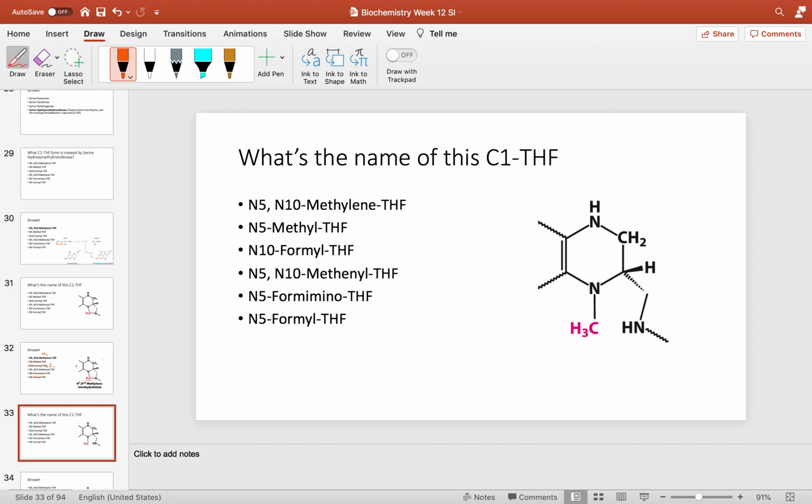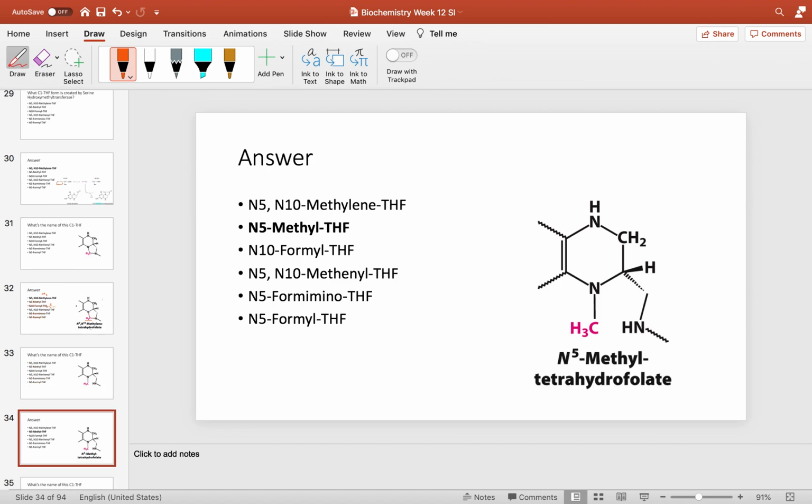Alright, what's the name of this THF form? Alright, so in this case, we see we have a CH3, which is a methyl, and it's attached to the nitrogen in the pyridine ring, so this is N5. So in this case, it would be N5-methyl THF.